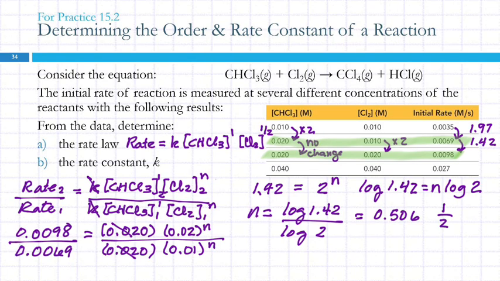Cool. Okay, so we've got this guy right here. 0.0098 divided by 0.0069, and that is equal to 0.02 to the n power divided by 0.01 to the n power.